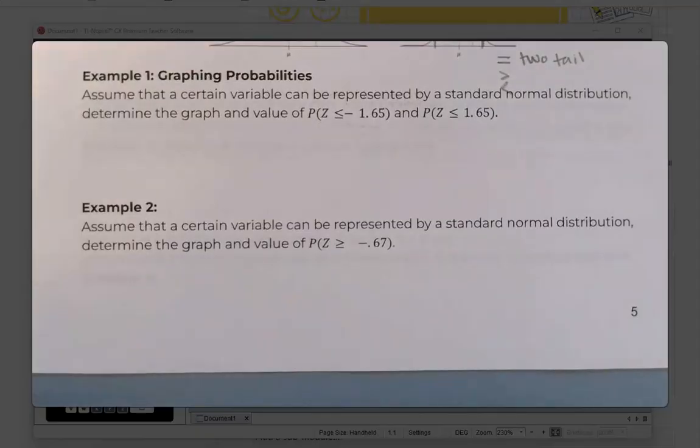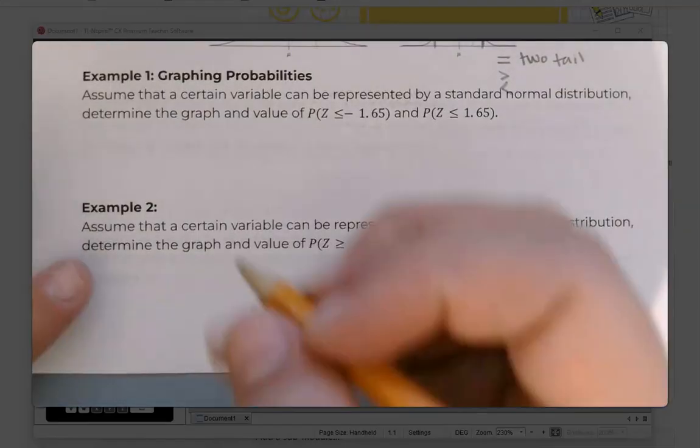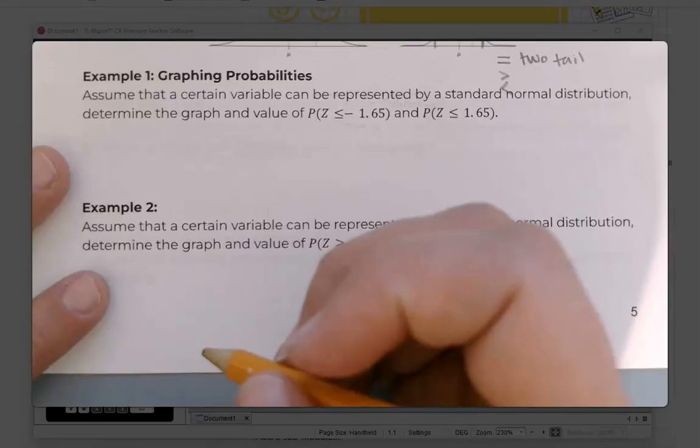So assume that a certain variable can be represented by a standard normal distribution. Determine the graph and value of P of z is less than or equal to negative 1.65 and P of z is greater than 1.65. What we're going to do here is I'm going to draw you a picture so you can see.